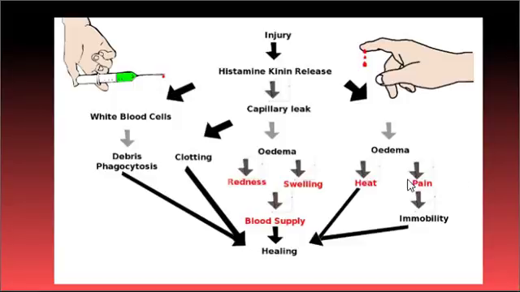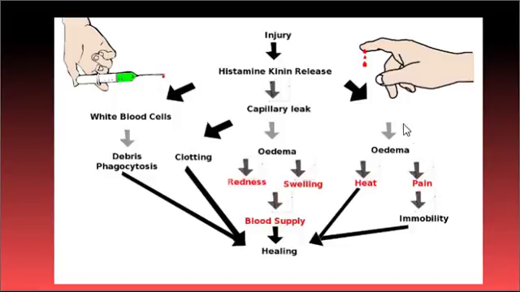And then the fourth cardinal sign is pain, and the pain is caused because the tissue is swollen and chemical mediators are released, like over here. And then the very last, right there, the 5th cardinal sign is immobility or loss of function.